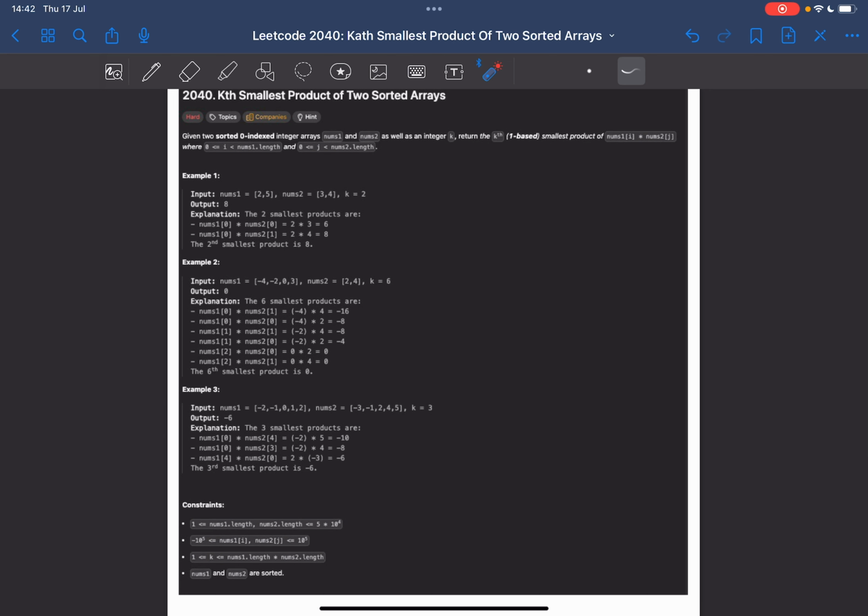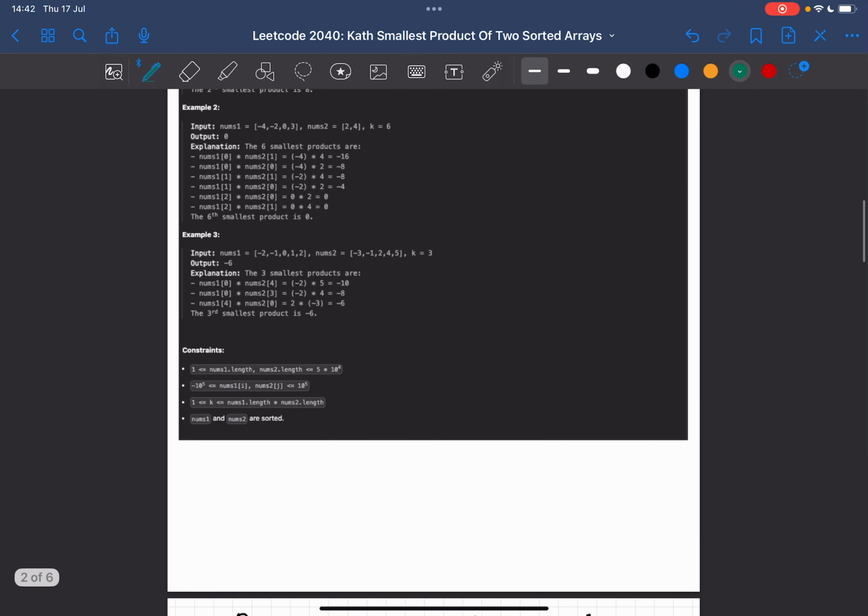So what that's telling us is that every element in both arrays can be between negative 10 raised to power 5 and positive 10 raised to power 5.